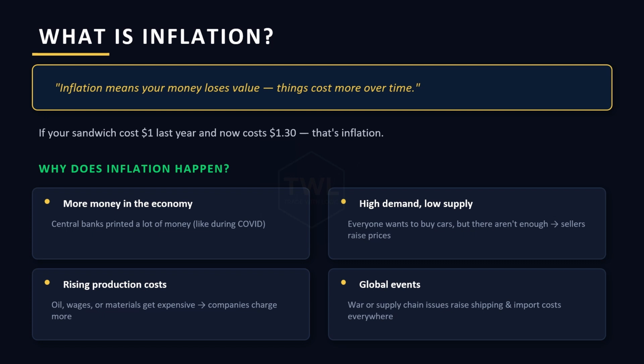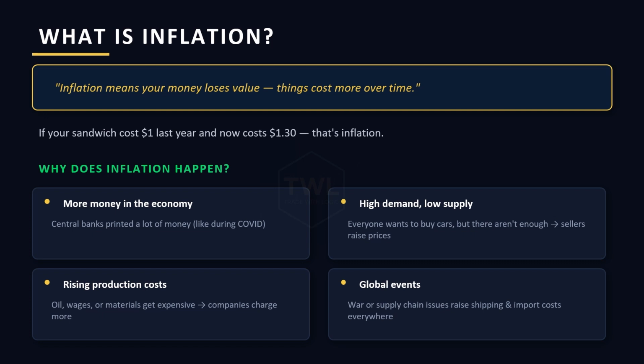So why does this happen? There are a few reasons. First, more money in the economy. During COVID, for example, central banks printed huge amounts of money to support people and businesses. When there's suddenly more money floating around chasing the same amount of goods, prices go up. Second, high demand, low supply. Think about it like this. If everyone suddenly wants to buy a car, but car factories can't make enough of them, sellers raise their prices because they know people will still pay.